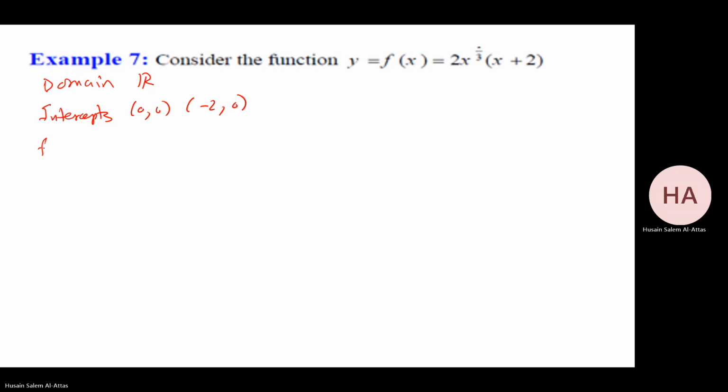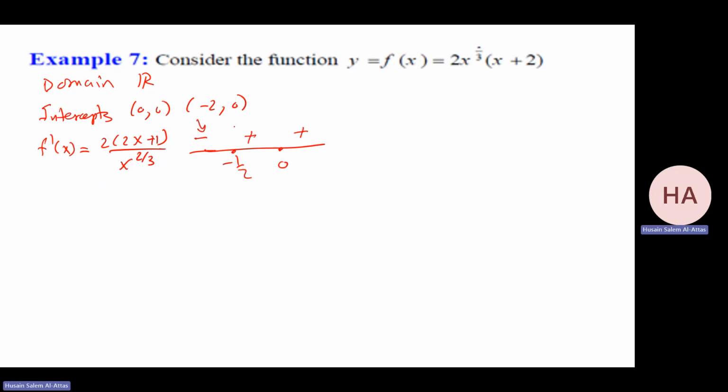F prime. F prime will be 2x plus 1 over x to the power 2 over 3. So I need minus half and 0. Minus half and 0. Before minus half, take minus 1. That will be negative. At minus half, there will be a change. That will be positive. That will be positive.